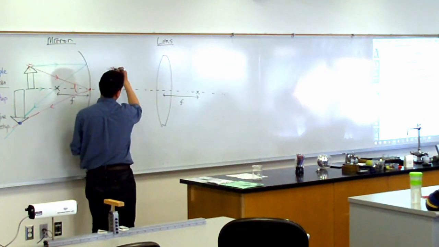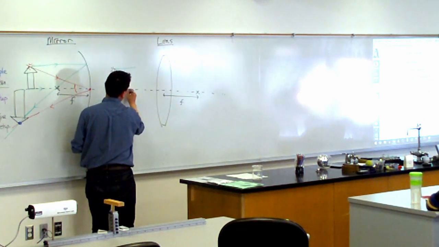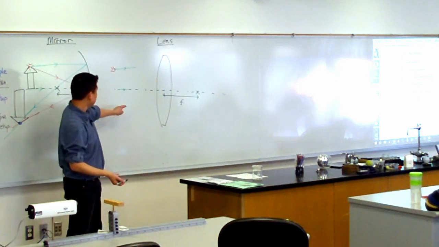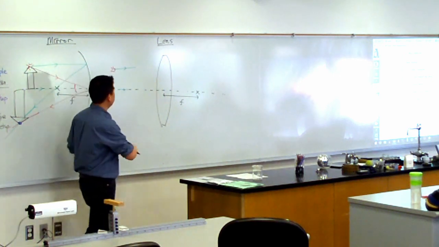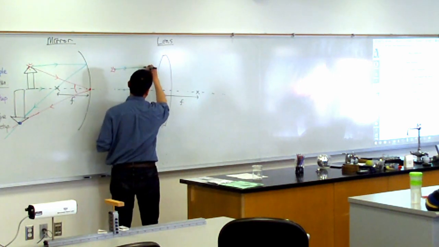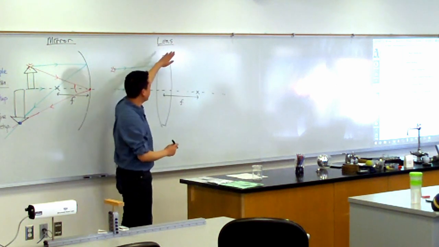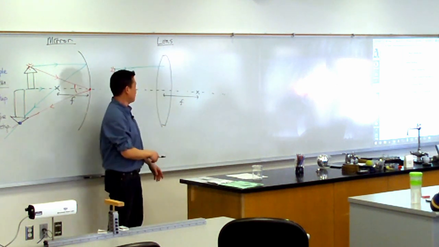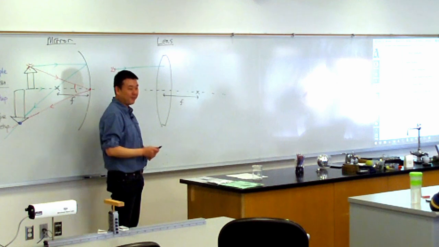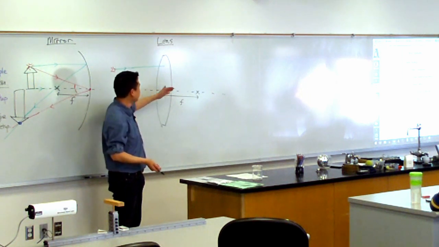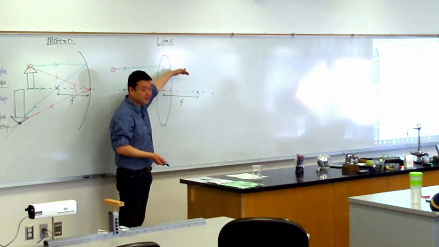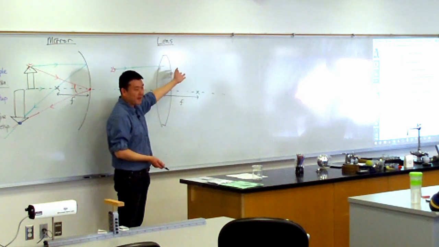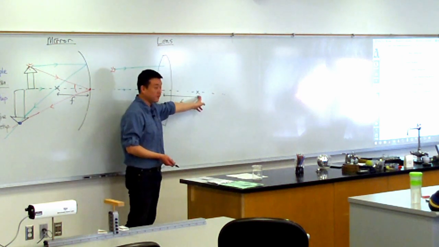Of those, I'm picking just the one that happens to be parallel to the axis. And as this ray goes through the lens, it'll somehow refract as it goes through. And this is once again what I mean by high level. I'm not concerning myself with the details of refraction at each surface. The only fact I have to know is where the focal point is.